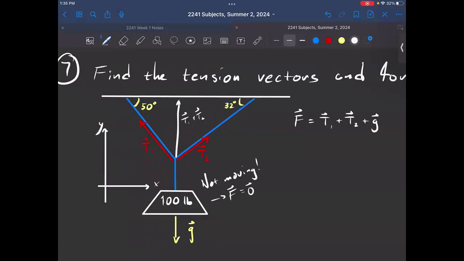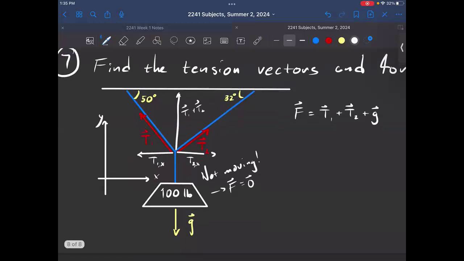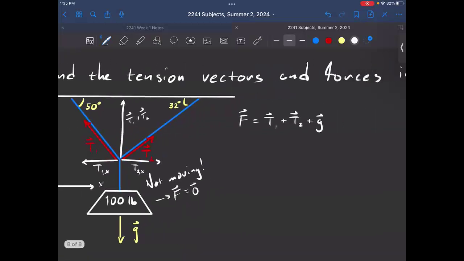And so we should have that the X components of T1 and T2 sum to zero. So T1x and T2x, we get another equation here.